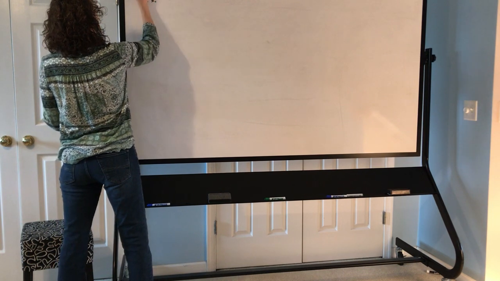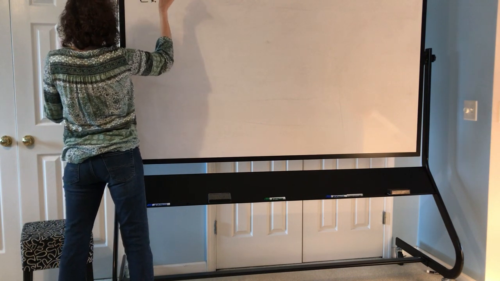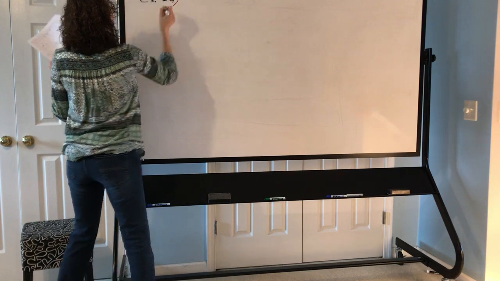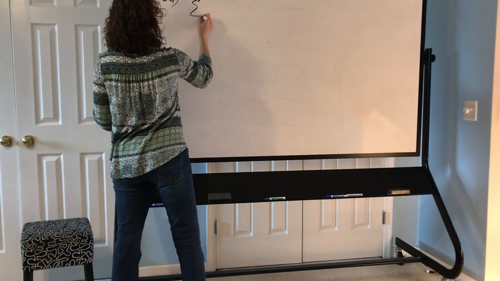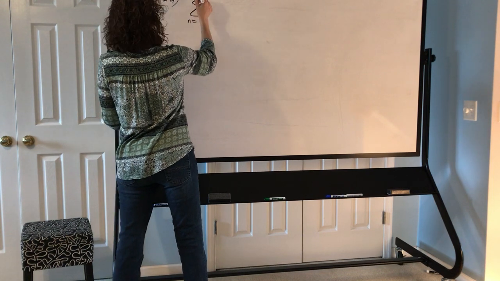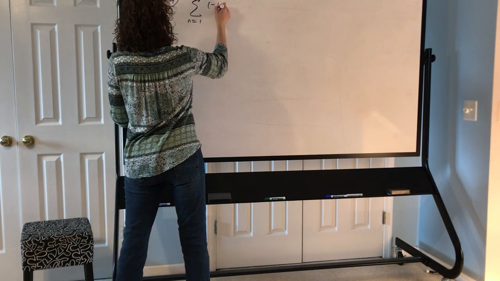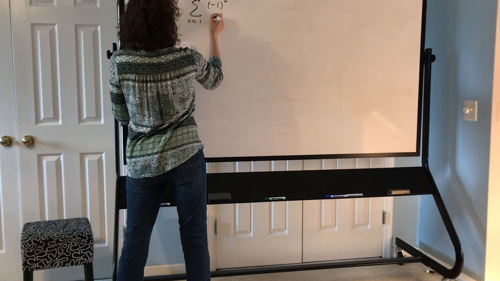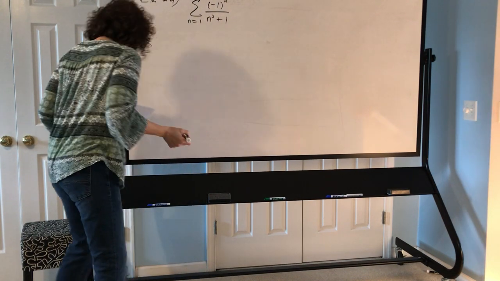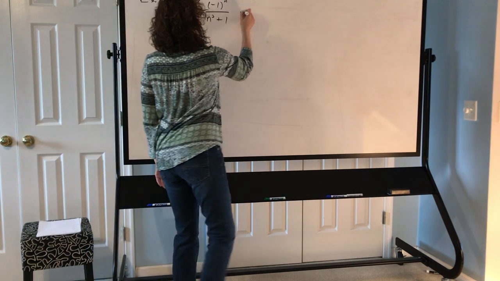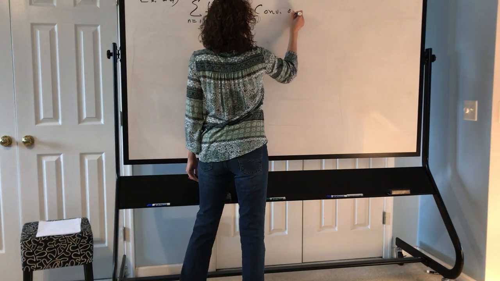This is section 11.6, exercise number 4. Let's see how this all applies. So here is the sum, n equals 1 to infinity, of (-1)^n divided by n cubed plus 1. And the question is, does this converge or diverge?